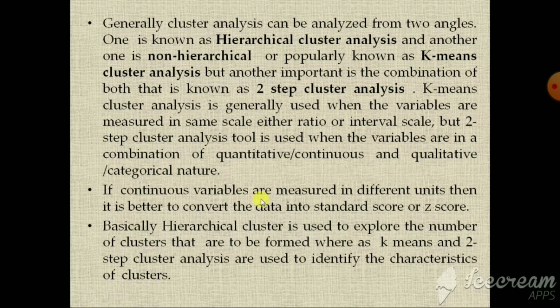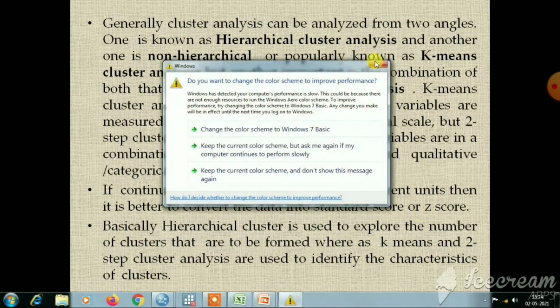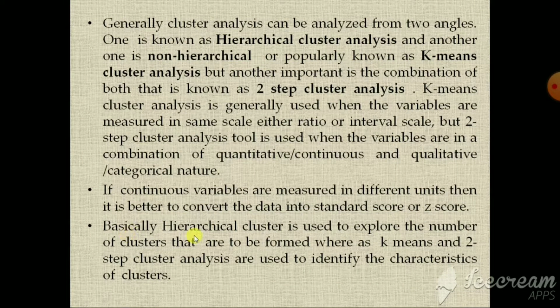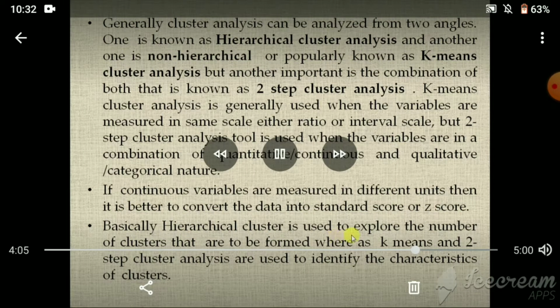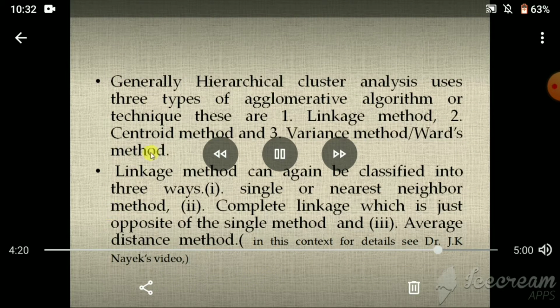If continuous variables are measured in different units, then it is better to convert the data into standard score or Z score. Basically, hierarchical cluster analysis is used to explore the number of clusters to be formed, whereas k-means and two-step cluster analysis are usually used to identify the characteristics of clusters.